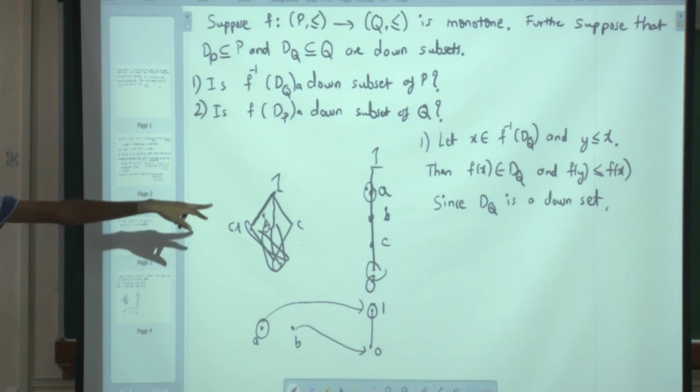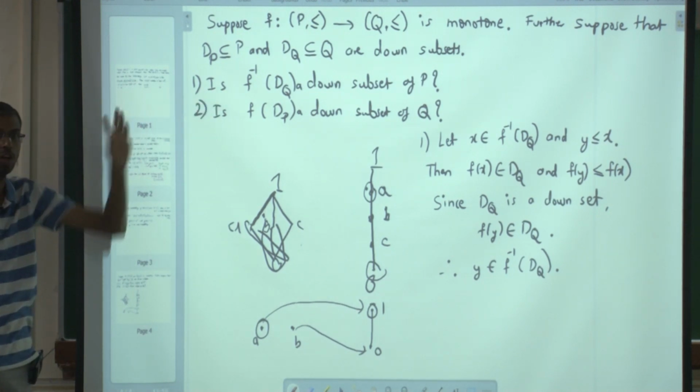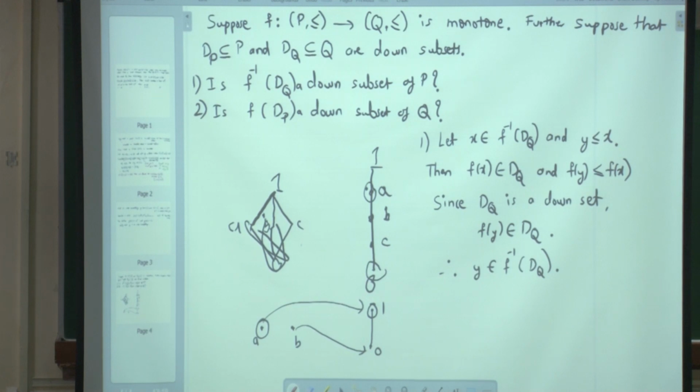F of X is in DQ and F of Y is a lower bound of F of X. So therefore F of Y must be in DQ. And as a consequence, Y is in F inverse of DQ. So done. Very simple proof. So 1 is good for every monotone map. We don't need any extra properties.